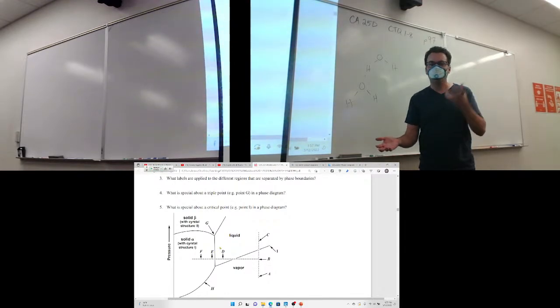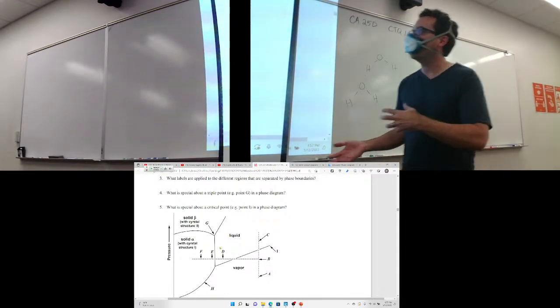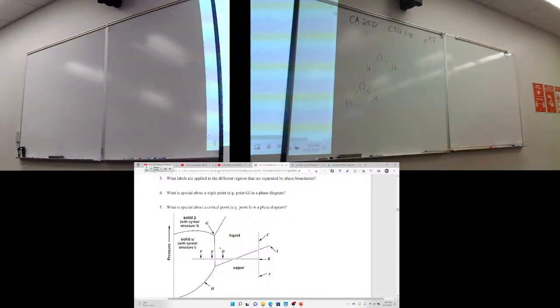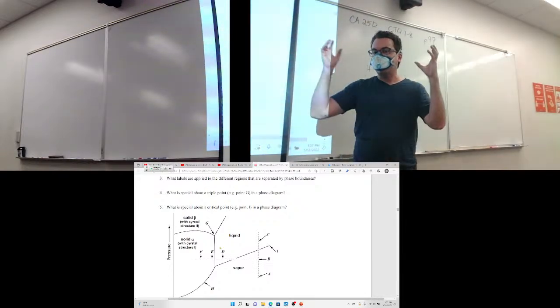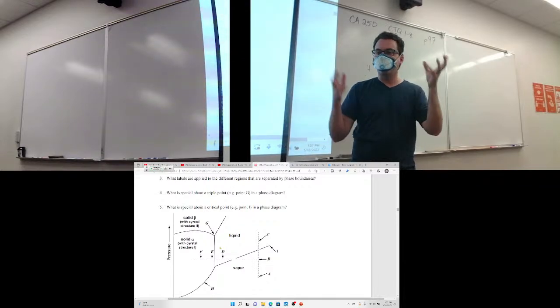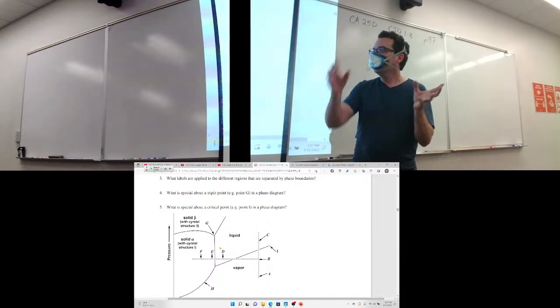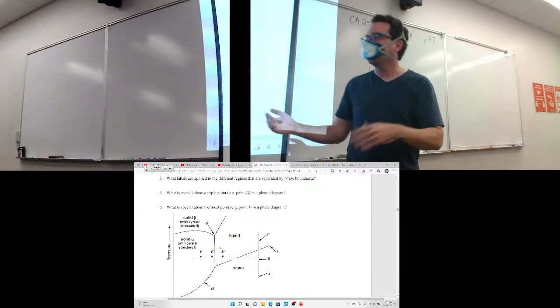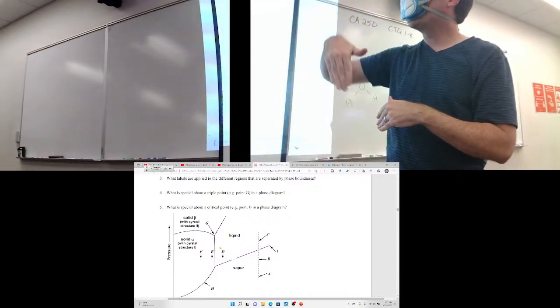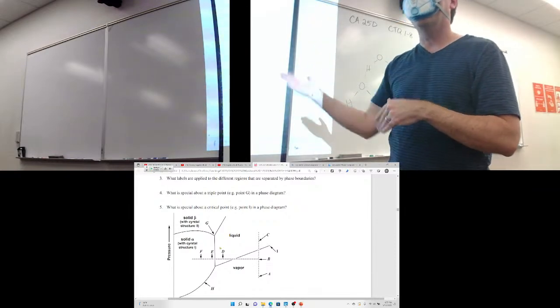You'll have some in liquid, some in solid, or some in one kind of solid. So at G, you're going to have a little bit of solid beta, a little bit of solid alpha, and a little bit of liquid, and they're going to be in equilibrium with each other. So it's not going to be static. They're going to be constantly interchanging, solid beta going to solid alpha, solid beta going to liquid, and vice versa.